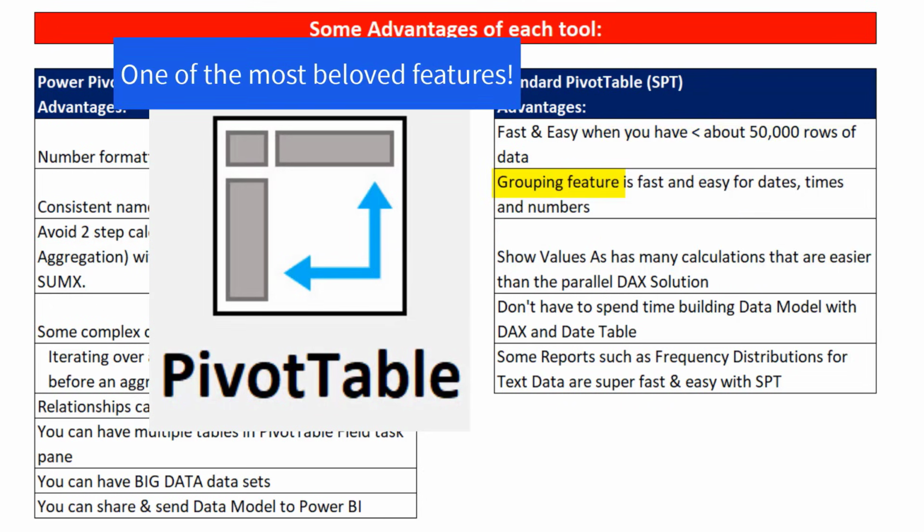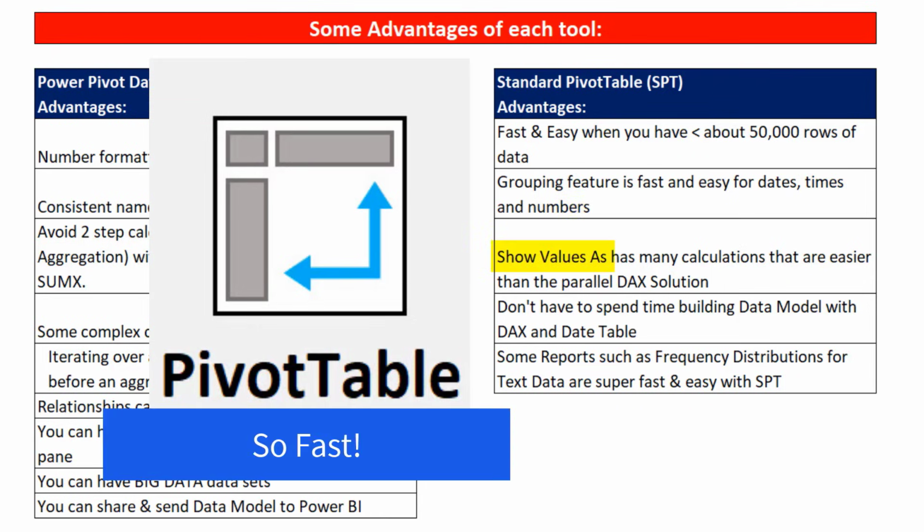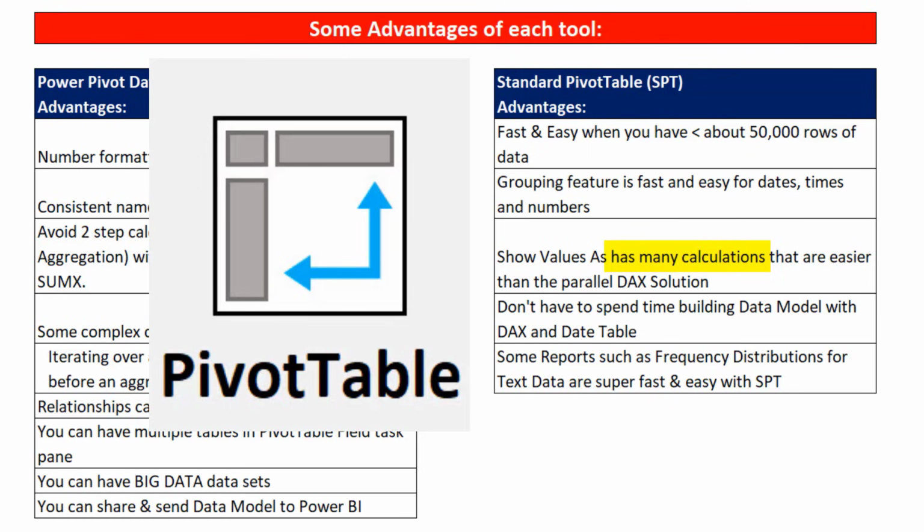The grouping feature in the standard pivot table is fast and easy for dates, times, and numbers. And the Show Values As feature has many calculations that are easier than the parallel DAX solution. You don't have to spend time building the data model with DAX formulas and a date table. And some reports, like a frequency distribution report for text data, are super fast and easy with a standard pivot table.